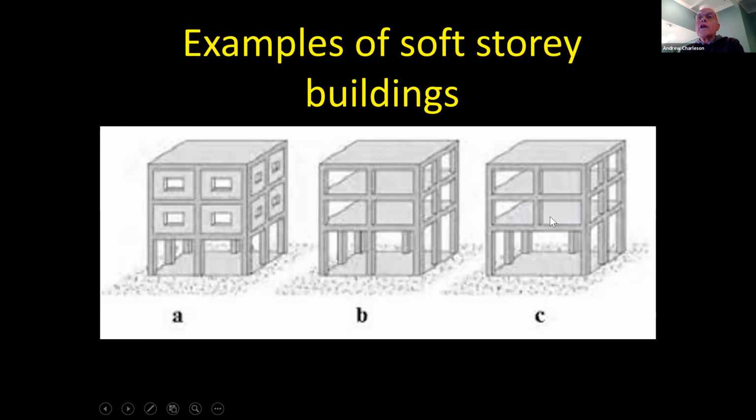In this building, notice how the middle column doesn't continue. And so this is creating a soft story because at this level, we just have two columns on this frame and above we have three columns. So this will be soft.